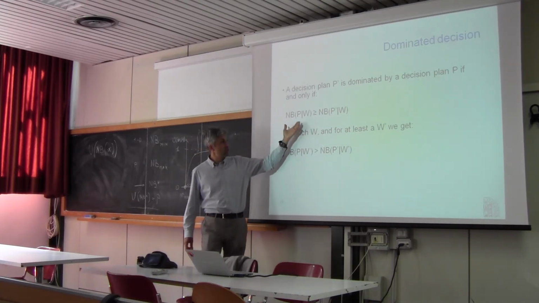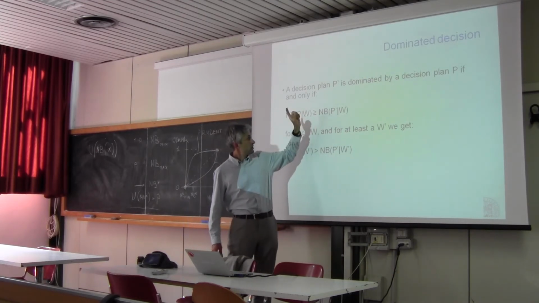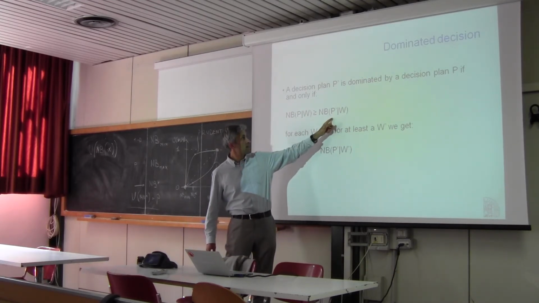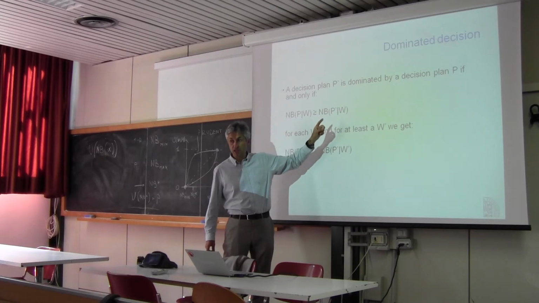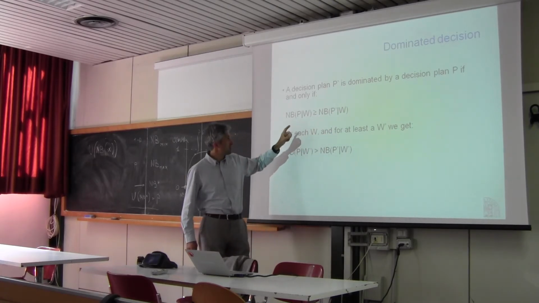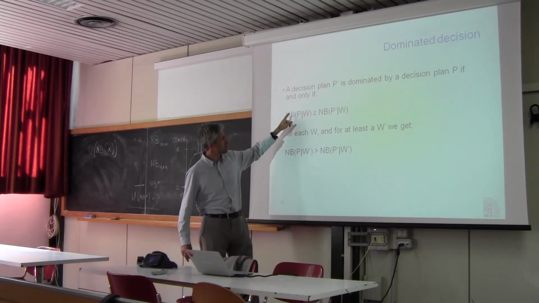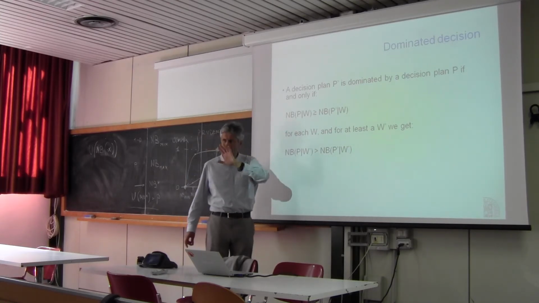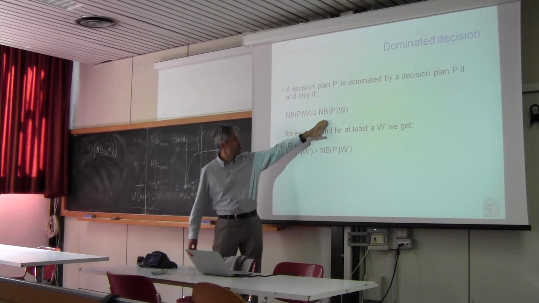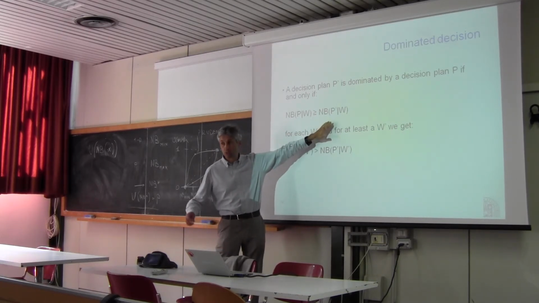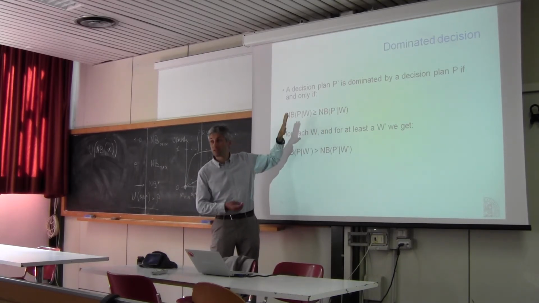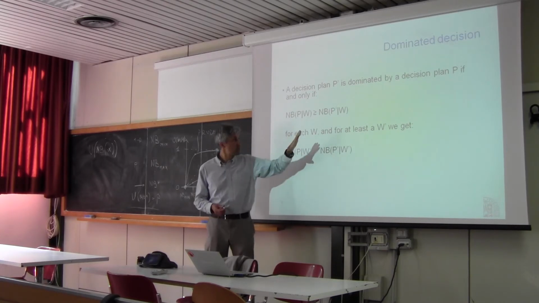This definition says that the decision plan P prime is dominated by a decision plan P, sorry. No, it's not general, it's a specific one, sorry. I made a bit of confusion. So we have a decision plan P prime, which we want to prove to be dominated by another one, not by all the other ones.